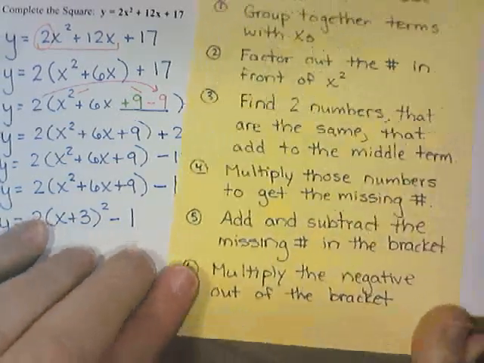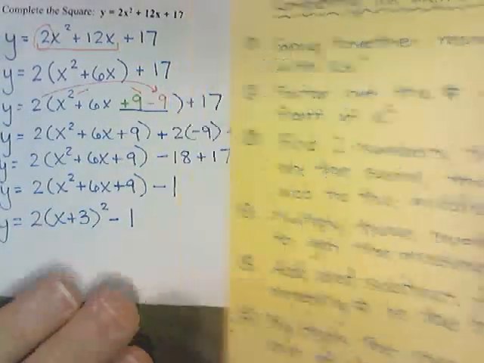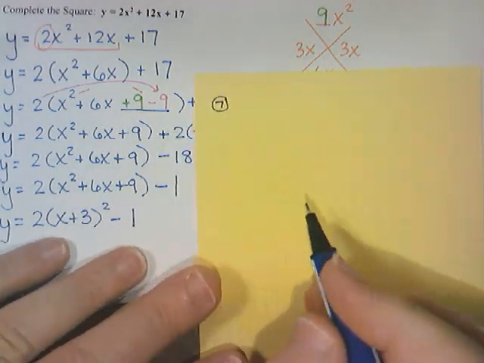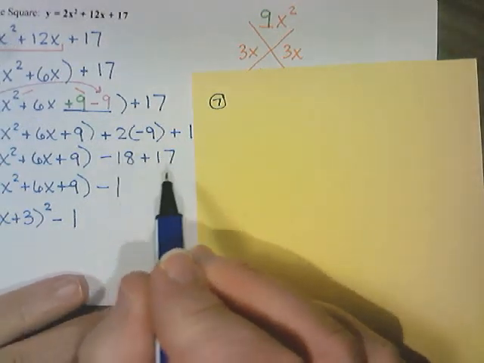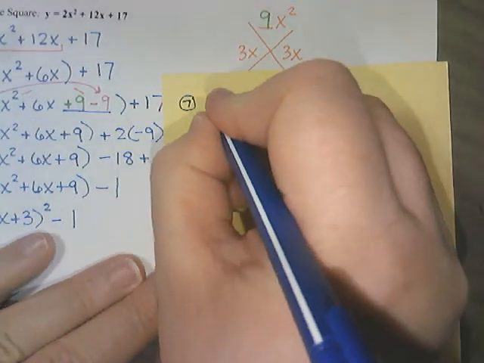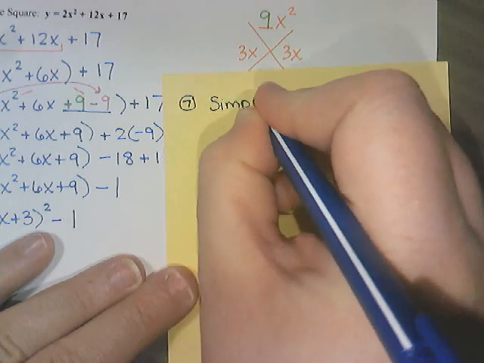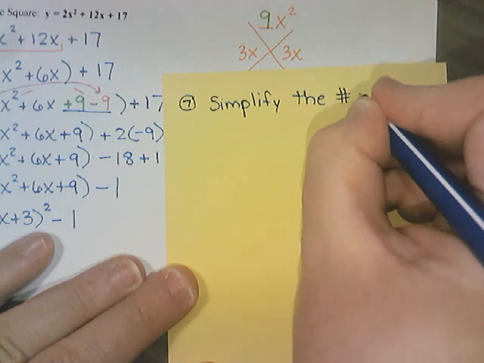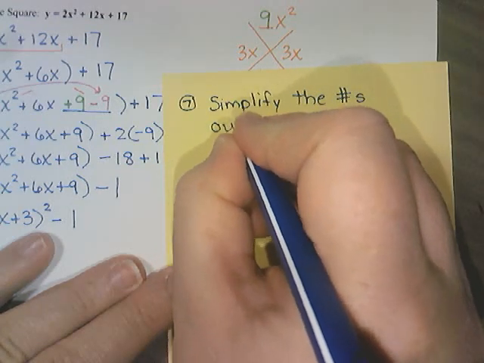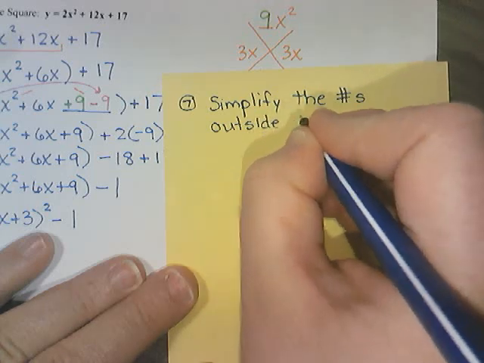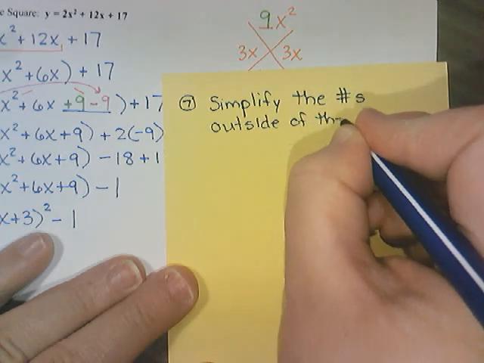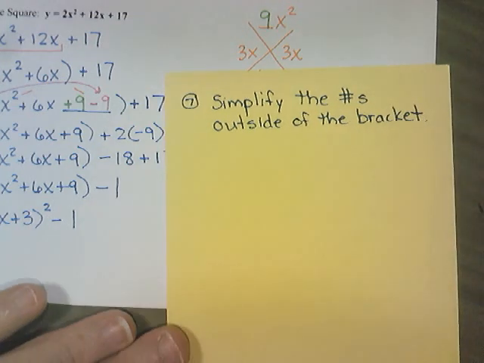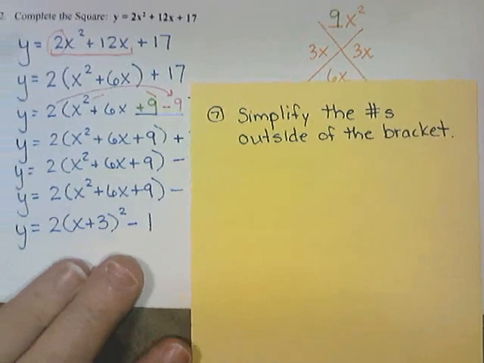I'm out of space on this side, so I'm going to write the rest on the back. So step 7 is to, let's say, simplify the numbers outside the bracket. So simplify the numbers outside of the bracket.